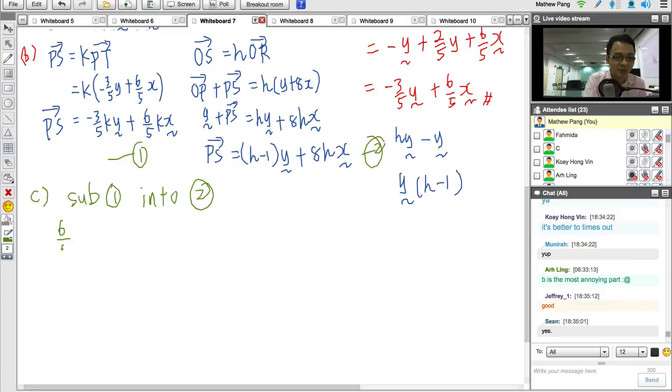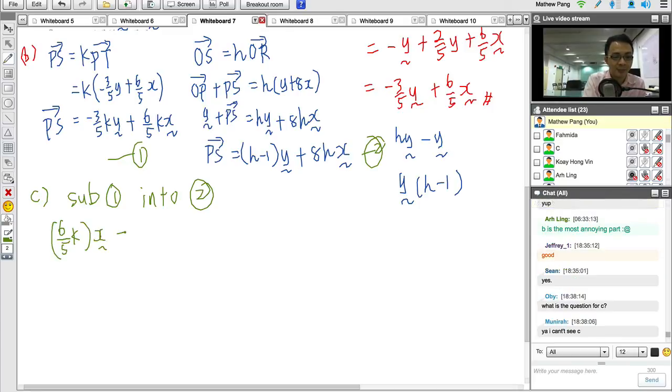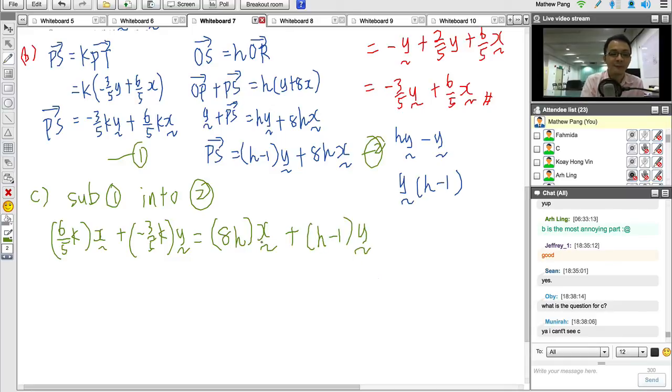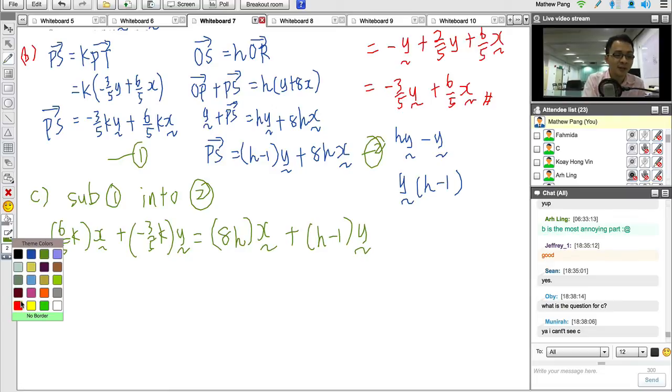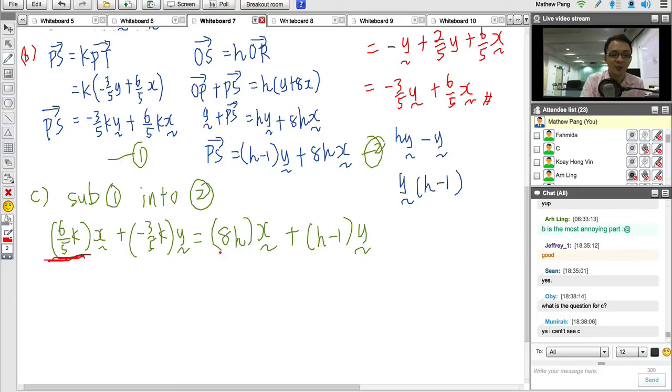So x is 6 over 5 k x plus negative 3 over 5 k y equals this one. X first, so hx plus h minus 1 y. Then I will compare x with x, and at the same time I will compare y with y.